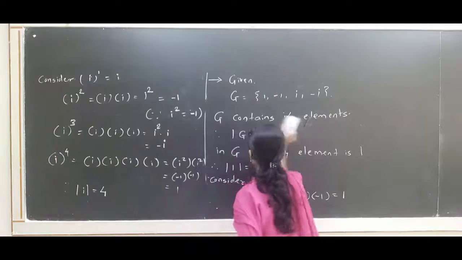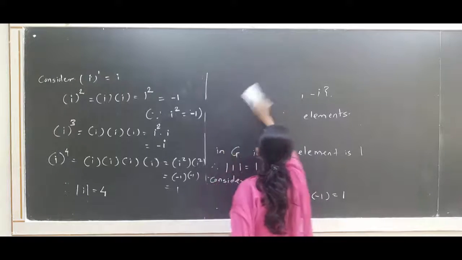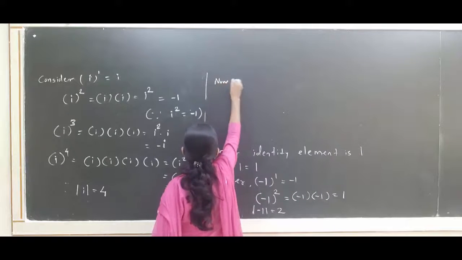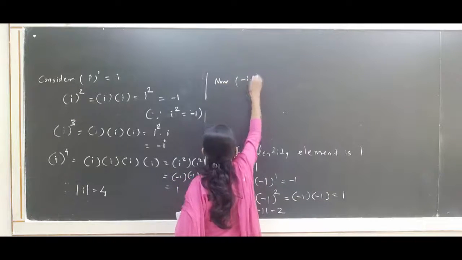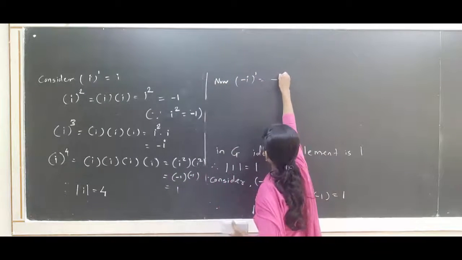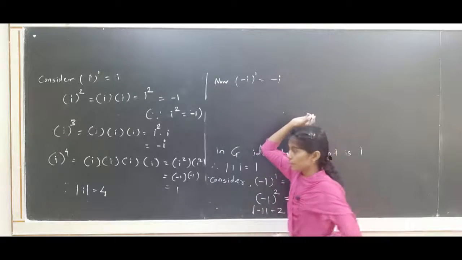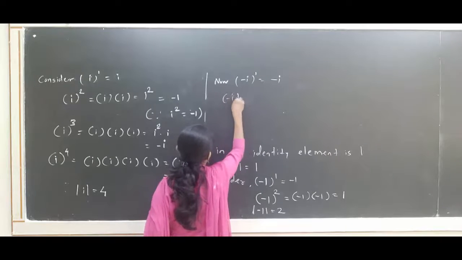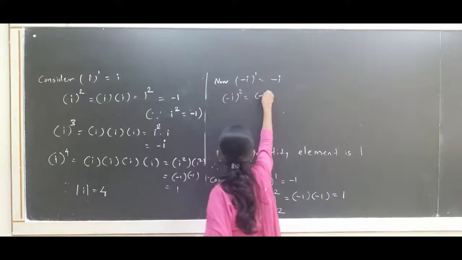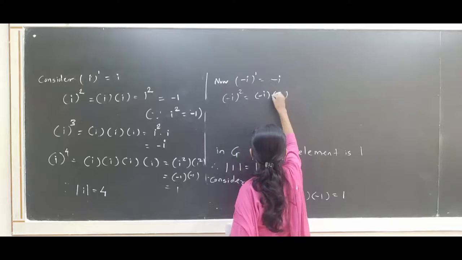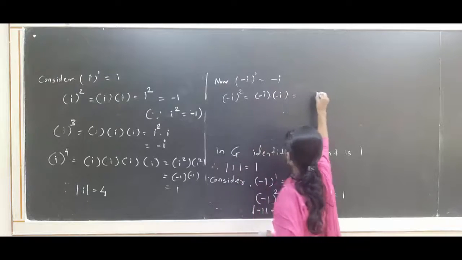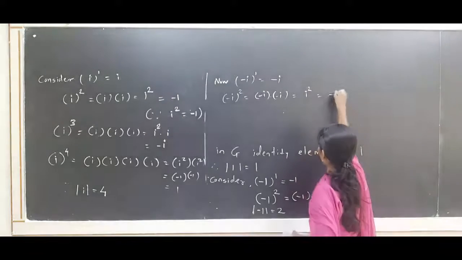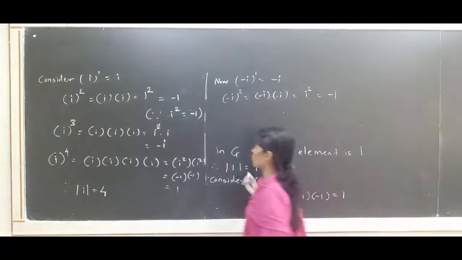Now, next minus i. So here we take minus i raised to 1, which is minus i, not identity element. Okay, so it is not the order. Then minus i raised to 2. So we get minus i into minus i, so we get plus i square, and i square is minus 1.